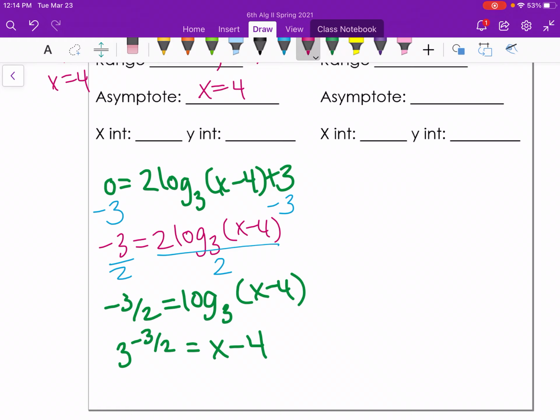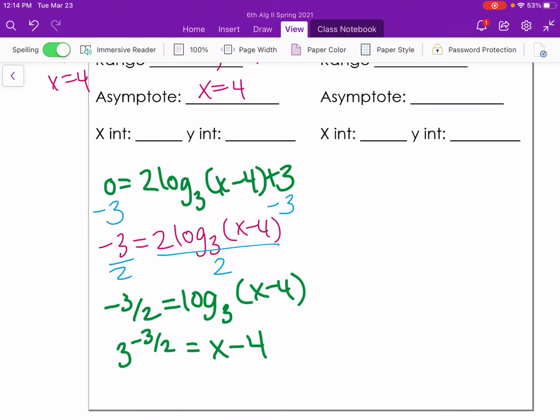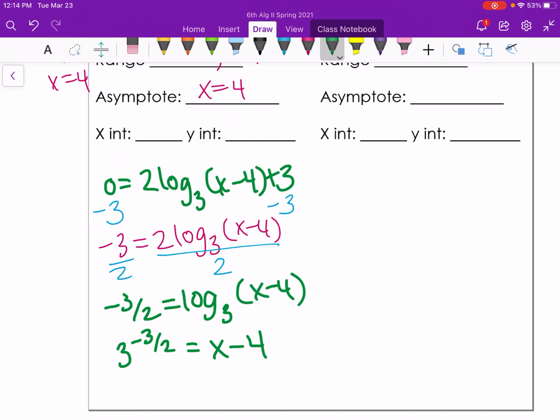And 3 to the negative 3 halves. Let's think about what's happening here. So I've got 3 to the third, right? The 1/2 of that is the square root, and then negative is 1 over that. So this would be 1 over 3 to the 3 halves.